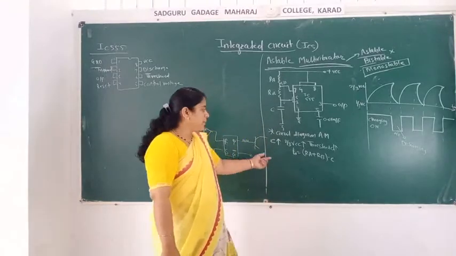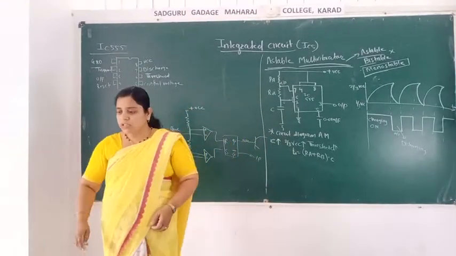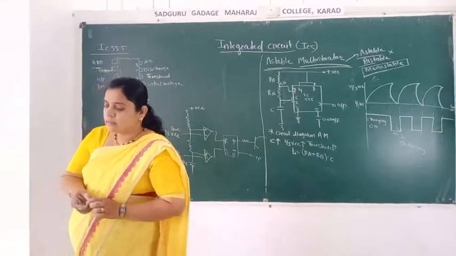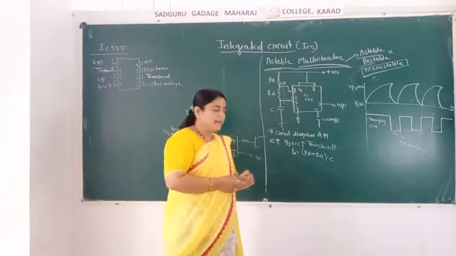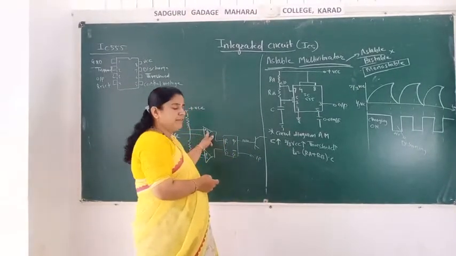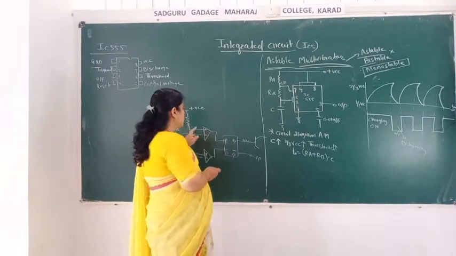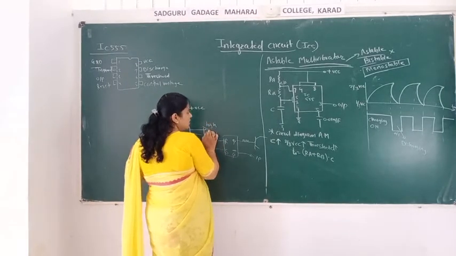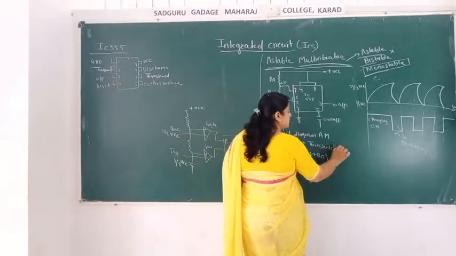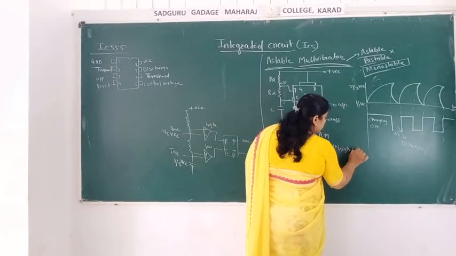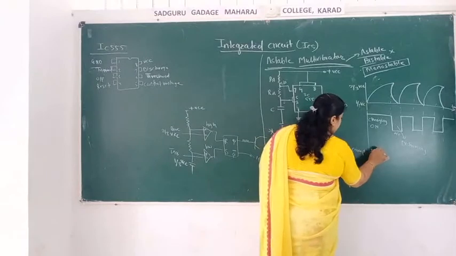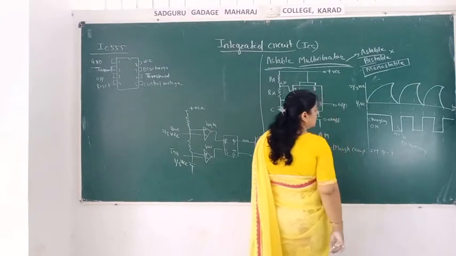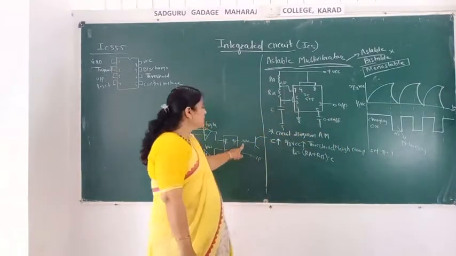Then the capacitor will be charged and it is given to the higher comparator. This higher comparator will be on, and the higher comparator will be set and Q is equal to 1 at that time.